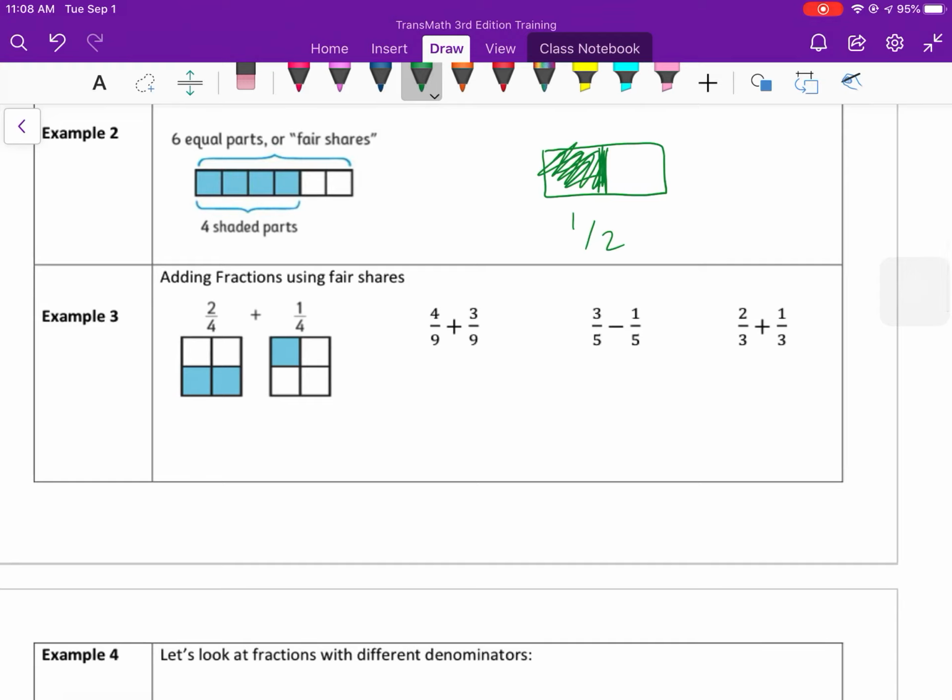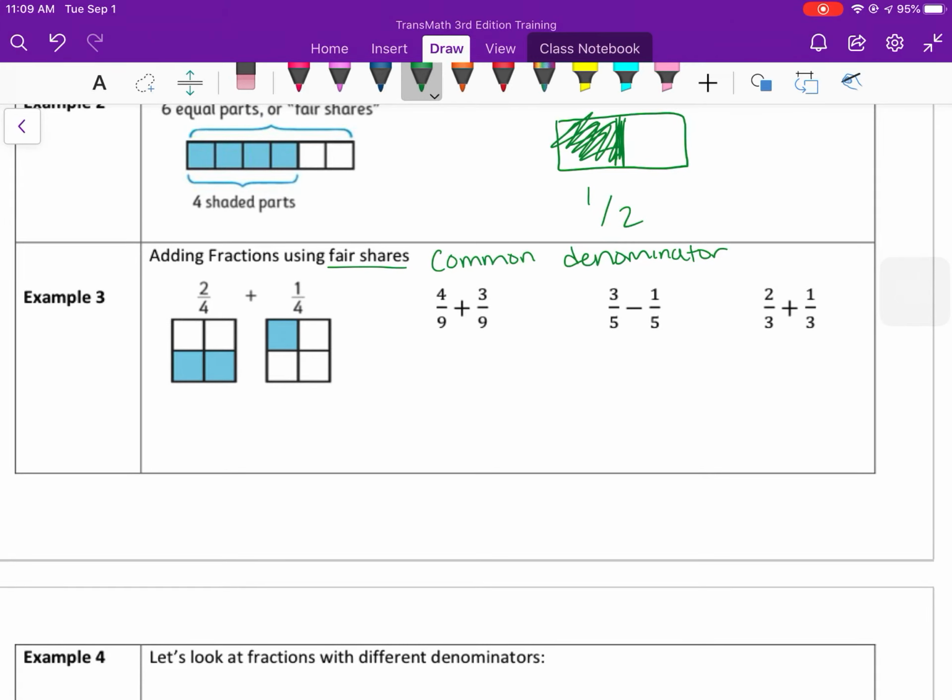So adding fractions that have fair shares, we say that they have common denominators. When adding common denominators, adding fractions is rather easy because you can see, like using this diagram, if you have 2/4 plus 1/4, if you think about that in a picture, you have 2/4 plus 1 more fourth, now you have 3/4.